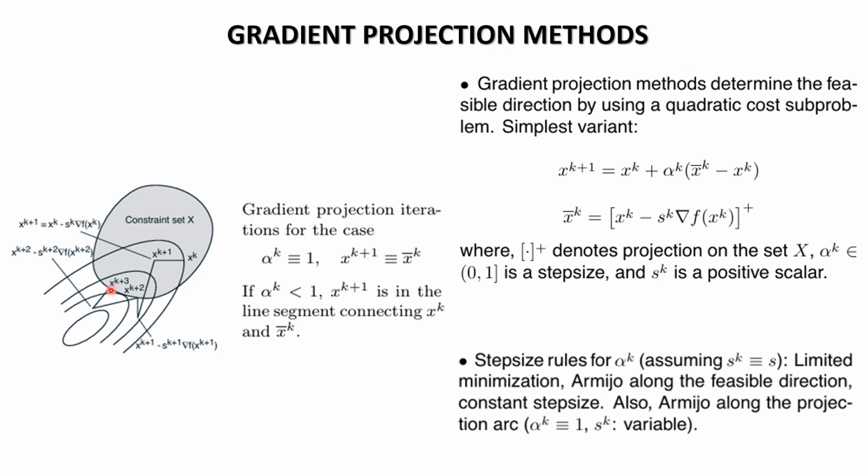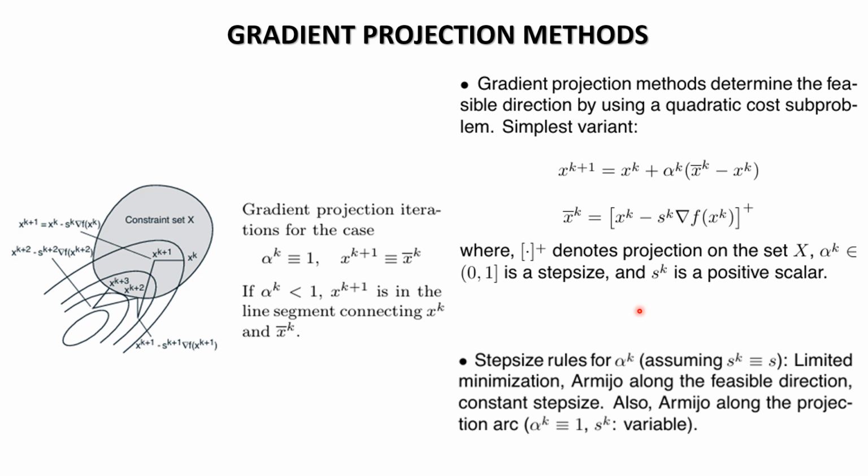Each follows the pattern in which each next step xk plus 1 is the projection on the set X of xk minus sk multiplied by the gradient, if alpha k step size is equal to 1.